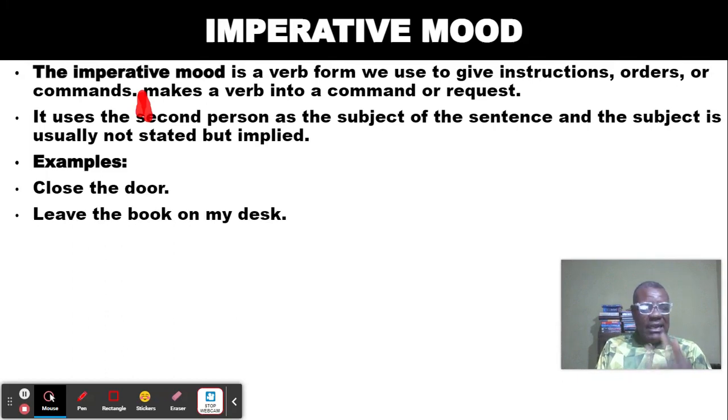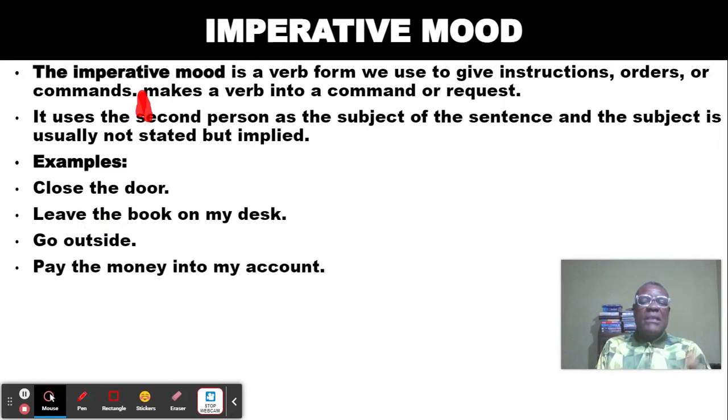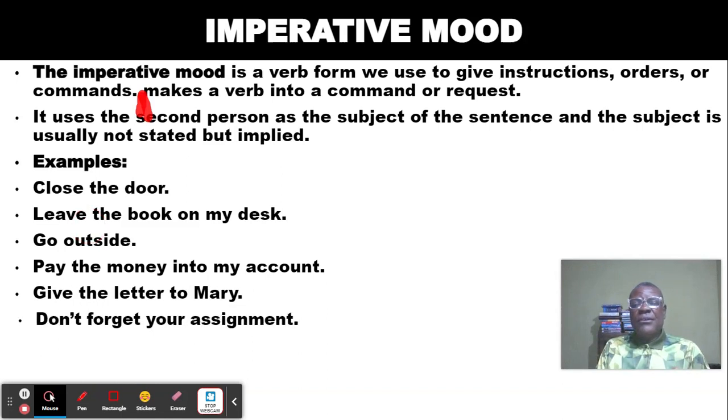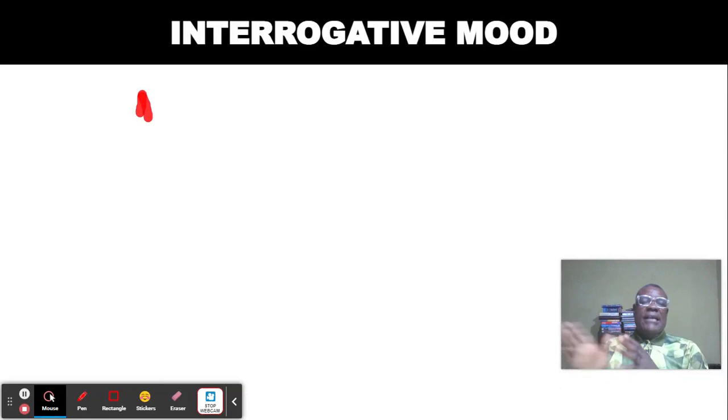Leave the book on my desk. Go outside. Pay the money into my account. Give the letter to Mary. Don't forget your assignment. Okay? So those are examples of the imperative mood.